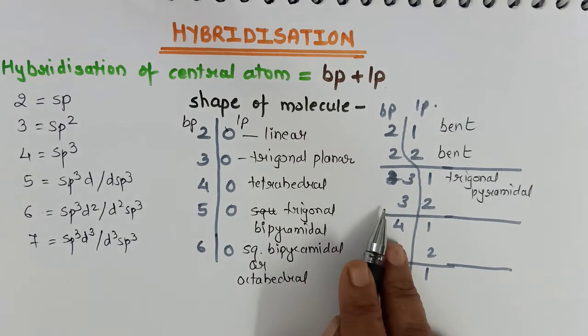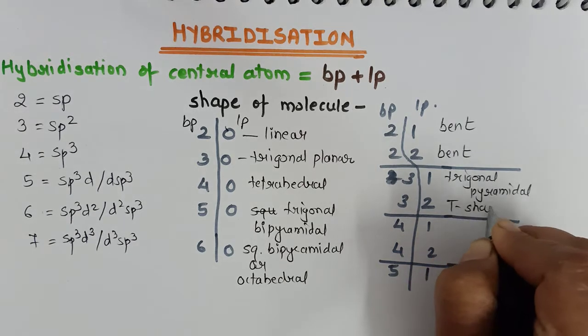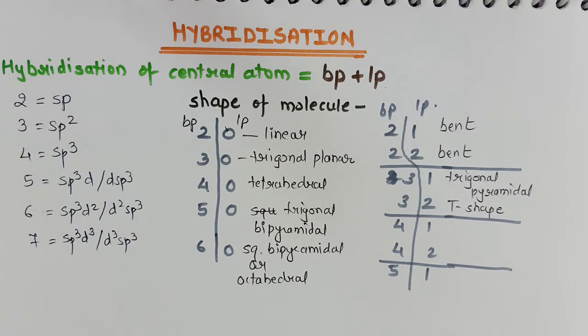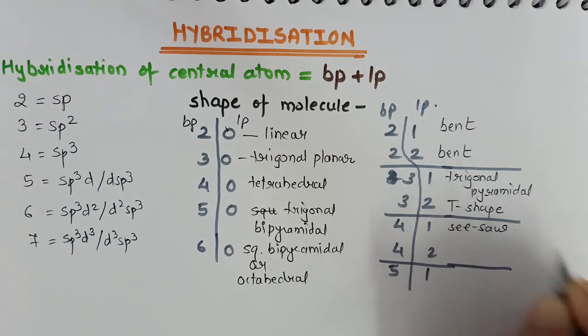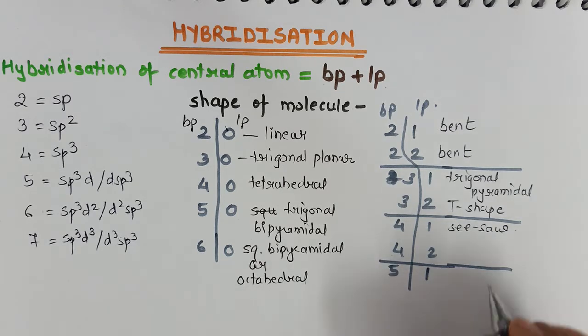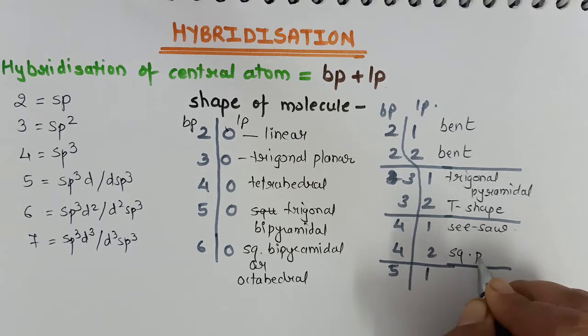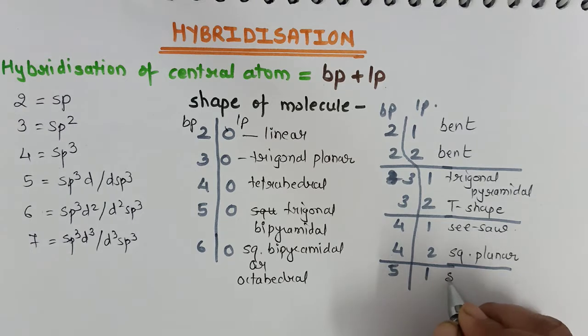If 3 bond pairs and 2 lone pairs, then it is a T-shaped molecule. 4 bond pairs, 1 lone pair, the molecule shows a seesaw geometry. If 4 bond pairs and 2 lone pairs, the molecule shows square planar geometry. And 5 bond pairs, 1 lone pair, in that case it will show square pyramidal shape.